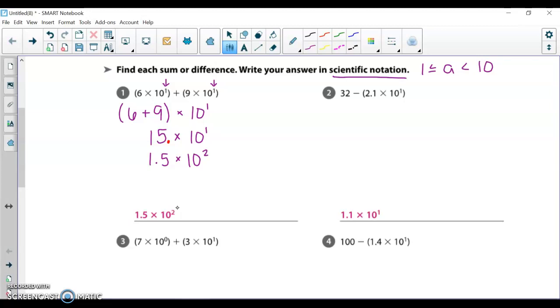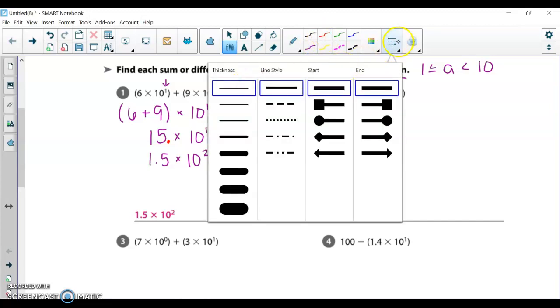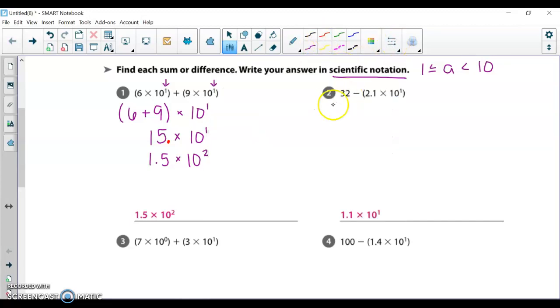Now, number 2, you'll notice number 2, number 4, and a couple others on the worksheet have whole numbers not written in scientific notation. So remember, when we have a whole number, if we were to write it in scientific notation, first, this is saying 32 times 10 to the power of 0.